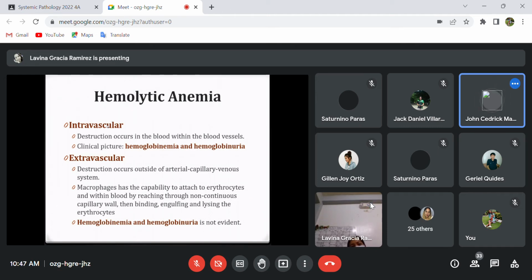Hindi po, Dok. Part of its structure, hindi. Ay, part of structure. Ano, Mr. Matudio? An idea? Anong structure ang meron sa hemoglobin? Heme po ba, Dok? Heme.